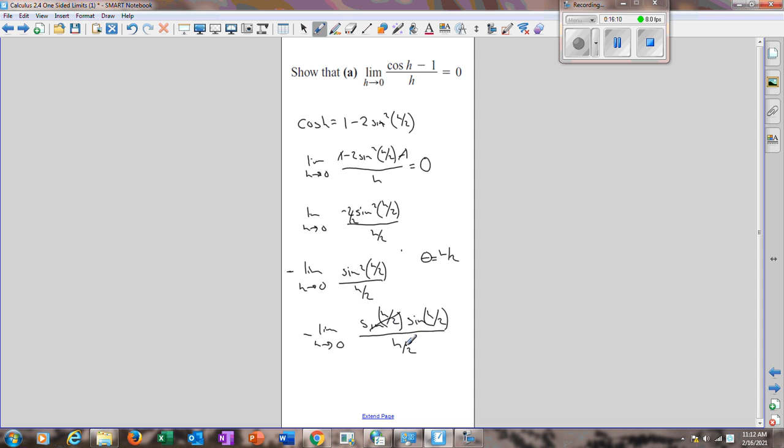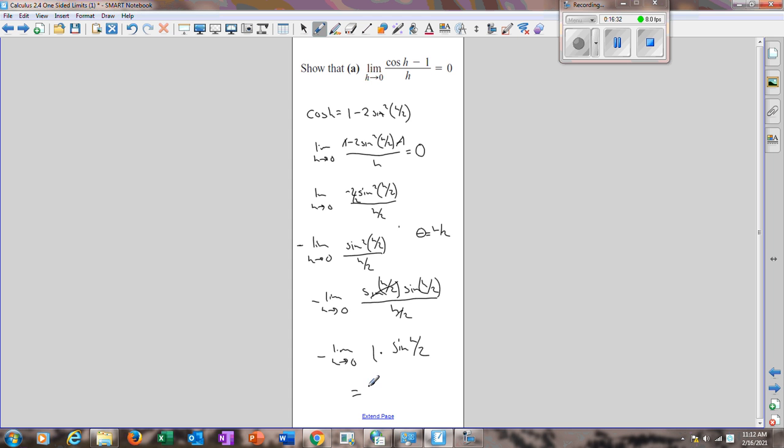So this whole thing becomes a 1. So negative limit as h approaches 0, and now it's of 1 times sine of h over 2. And now I can plug my 0 in because it won't give me a 0 in the denominator. So it's 1 times the sine of 0, which is 0. So it's 1 times 0, and the whole limit equals 0.